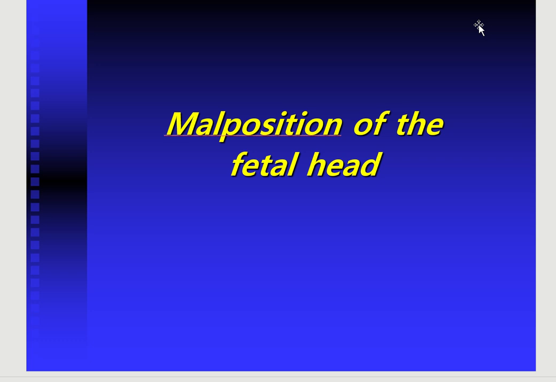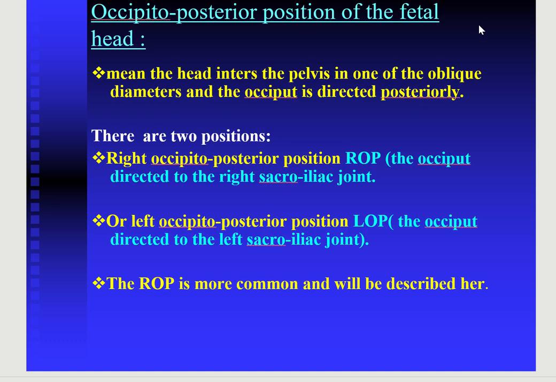Now, the malposition of the fetal head. Malposition of the fetal head is defined as when the head enters the pelvis in one of the oblique diameters and the occiput is directed posteriorly. Normally the occiput is directed anteriorly, but in occipito-posterior position, the occiput is directed posteriorly.